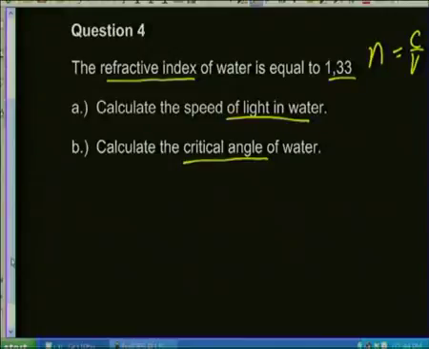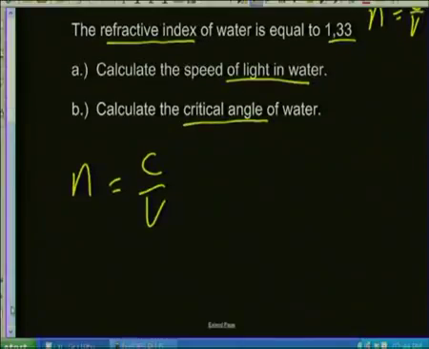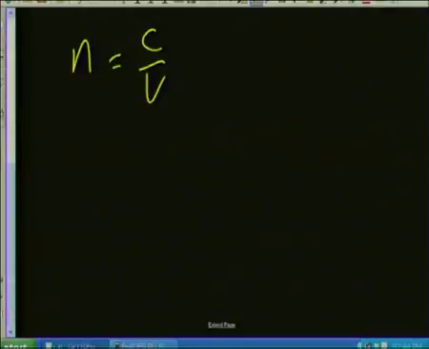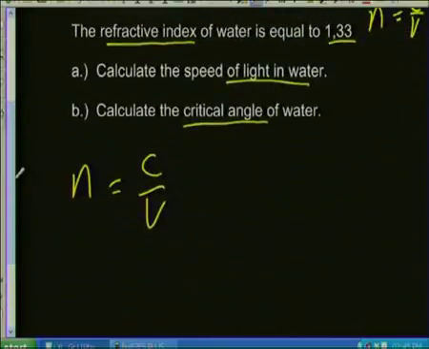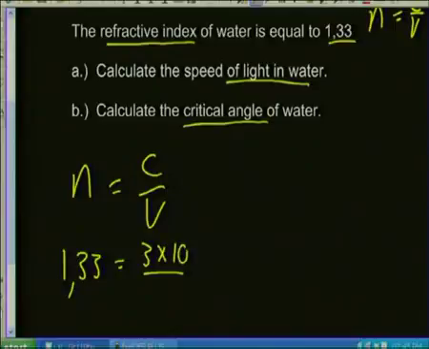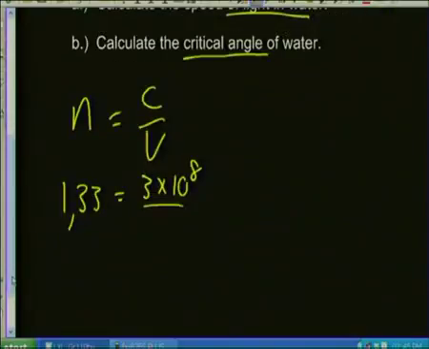So we're going to use the fact that the refractive index is equal to the speed of light divided by the velocity of the light in that medium. And we're going to say that in water it's 1,33, and the speed of light is 3 times 10 to the 8 meters per second, and we recognize that v is the speed of light in water.